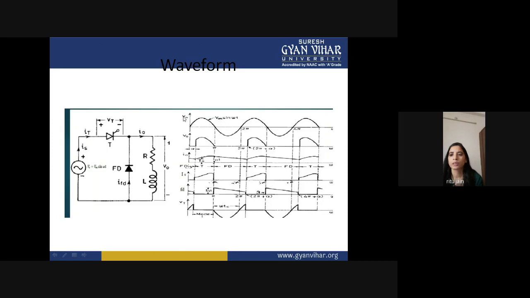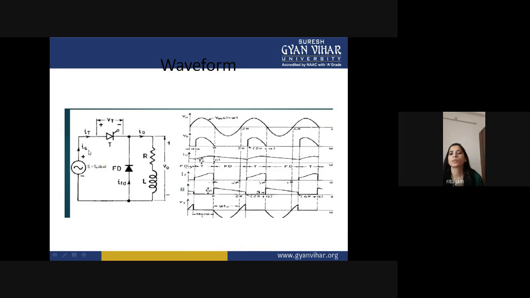You can see in this diagram that Vs is your input voltage, V naught is your output voltage, this is your output current, this is your freewheeling diode current, this is your input current, and this is your thyristor voltage. So let's start from this positive half cycle.